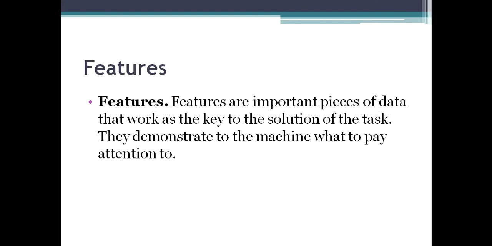The next component is features, which are important pieces of data that work as the key to solving the task. These features show the machine what to pay attention to, or you can consider them as properties: this property is important and this property is less important. So automatically the machine will focus on the most important feature.